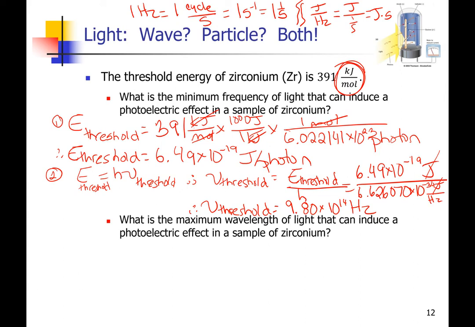But we know that there is a relationship between frequency and wavelength, which is that they multiply to give the speed of the wave. And in this case, our wave is light. So speed of light equals wavelength times frequency. We know our frequency, we're solving for our wavelength, so therefore we can rearrange our formula to say that wavelength is equal to speed of light divided by frequency.